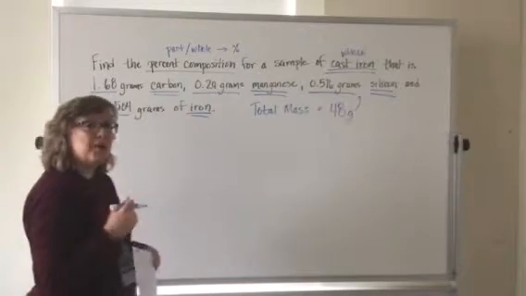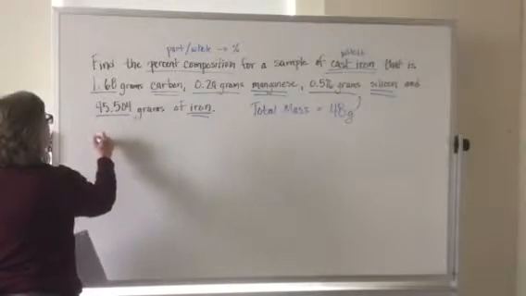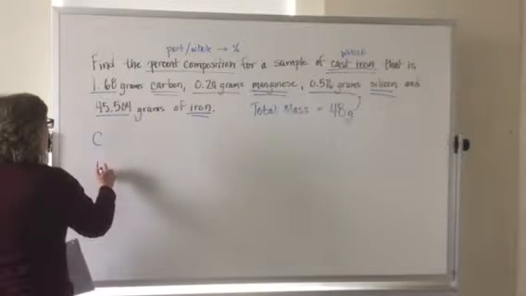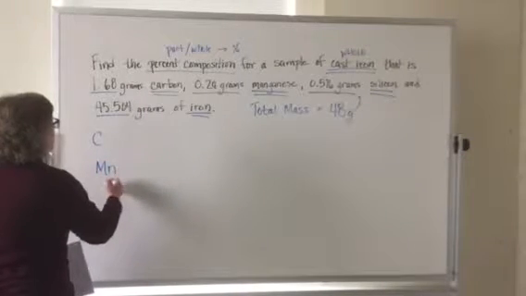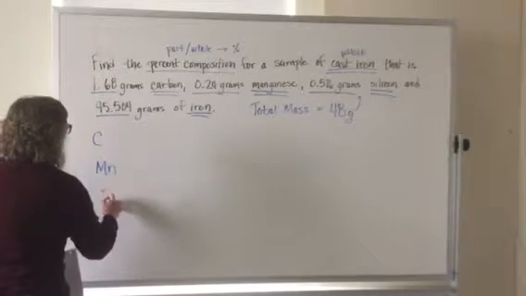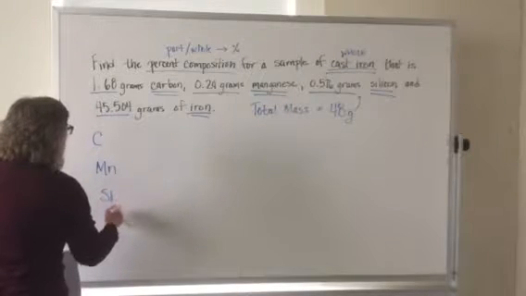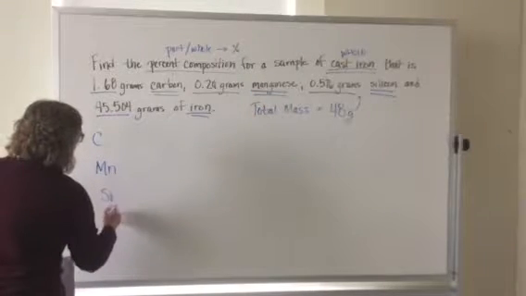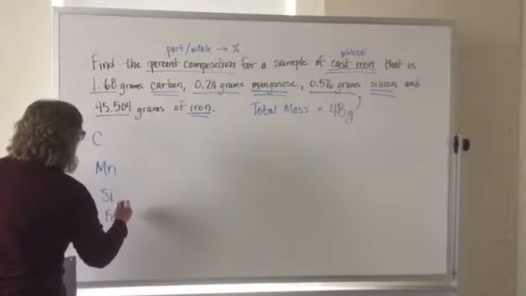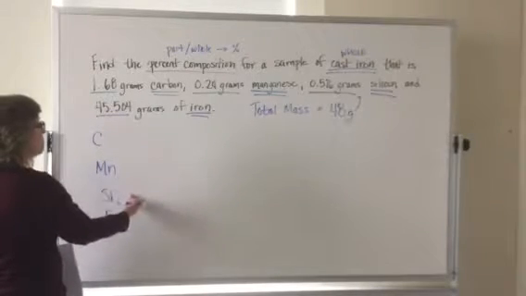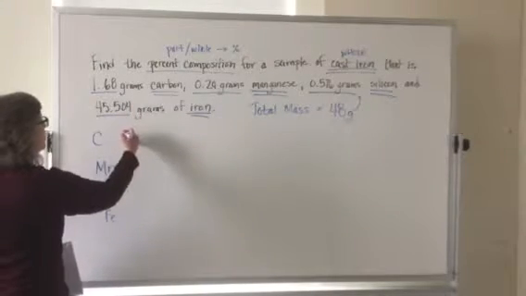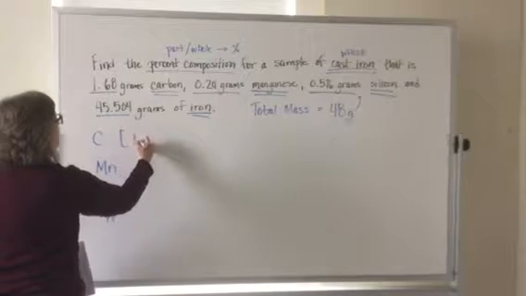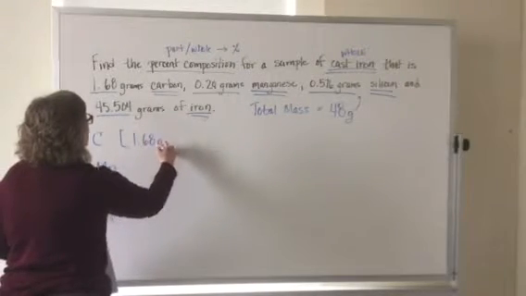So that's easy. The rest should be pretty simple. You're going to come down here and list every one of your elements that make up cast iron: carbon, manganese, silicon, and iron. And we're going to take those mass values. For carbon, we have 1.68 grams.